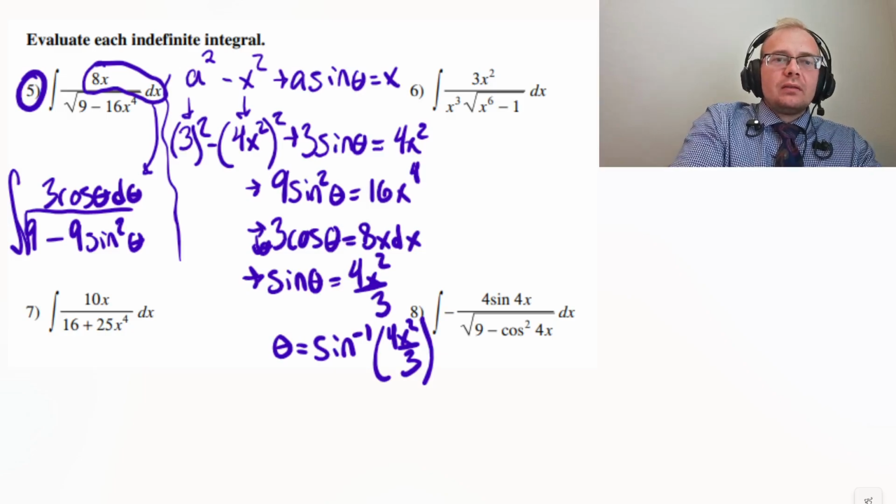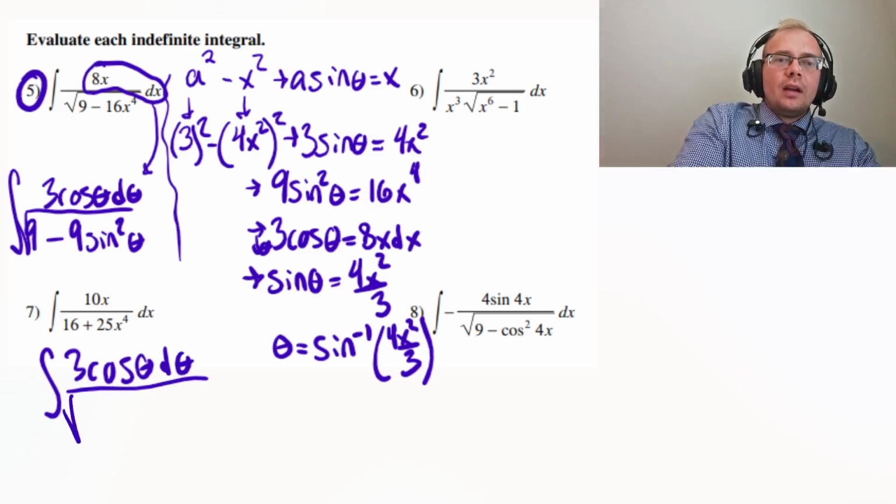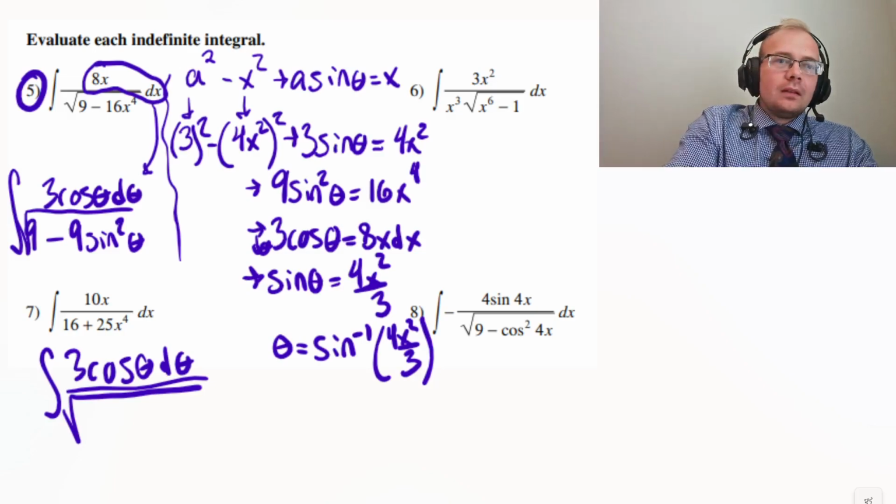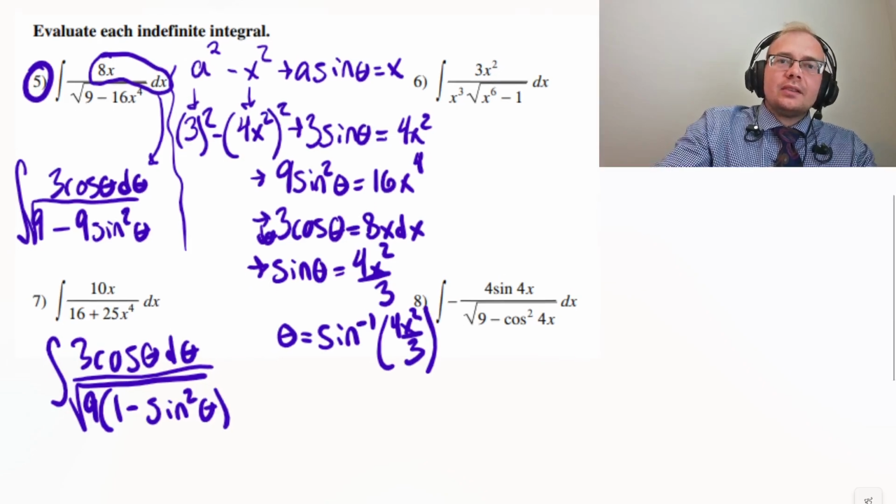So basically, we're going to come down here. This is going to be the integral of 3 cosine theta d theta over, and if I factor out a 9, it would be 1 minus the sine squared of theta. I will have to probably move this.